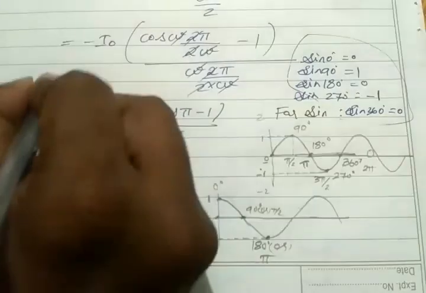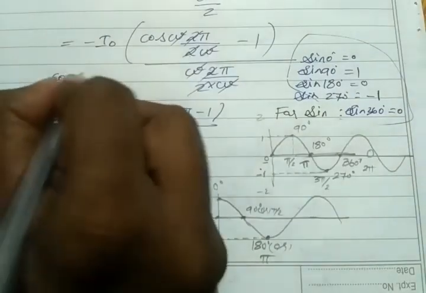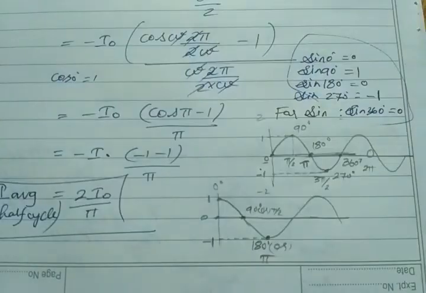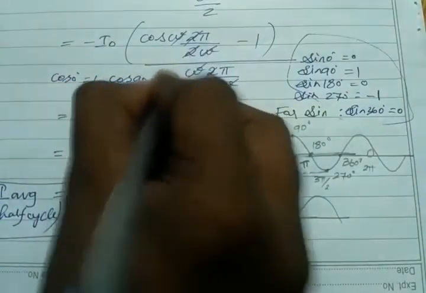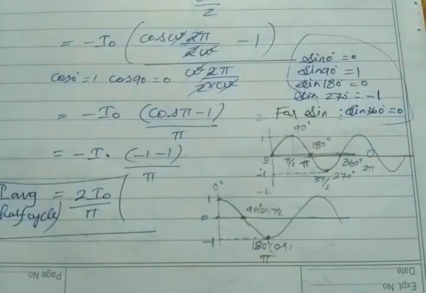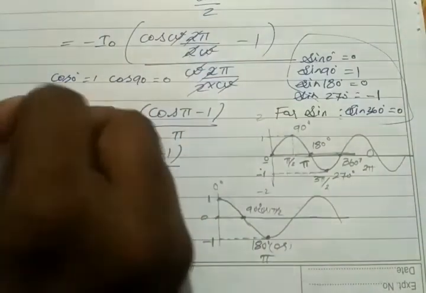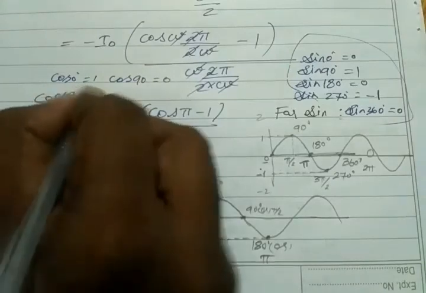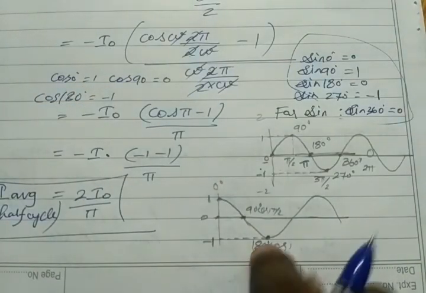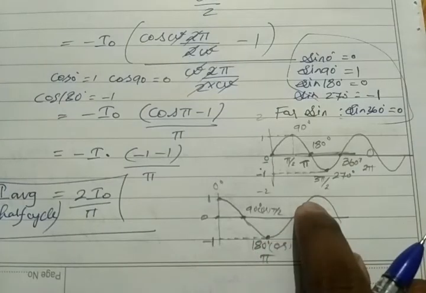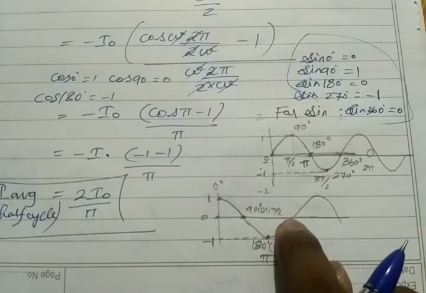So I can write it here. For cos 0, the value will be 1. Then for cos 90, the value is 0. For cos 180 degree, the value will be -1, in the opposite direction. Then again the graph goes towards the positive cycle. So it reaches here.